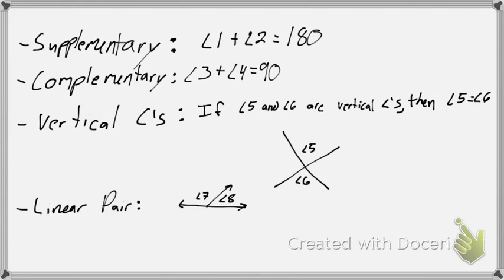They form a line. That's what the word linear means. And what do we know about the sum of angle 7 and angle 8? Yes, they add up to 180. A straight angle, which would look like a line, has a measure of 180, so a linear pair is a pair of angles that add up to 180.